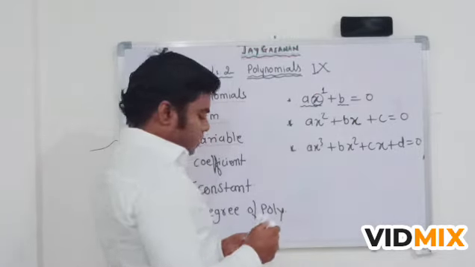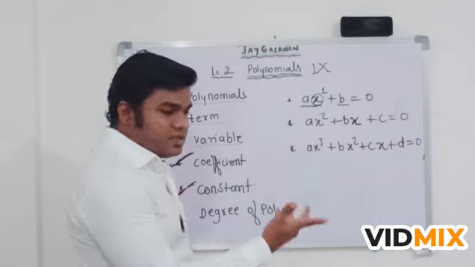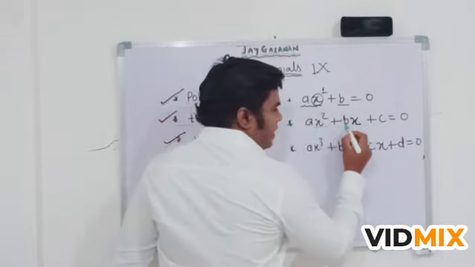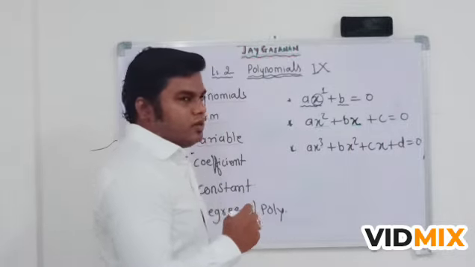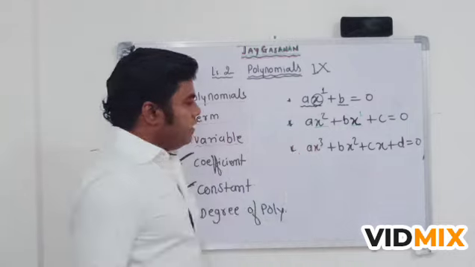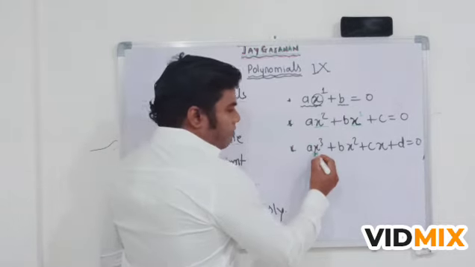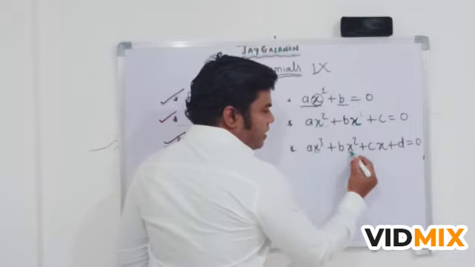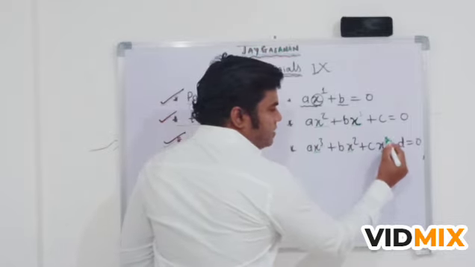Here there is one variable, but one is x square and the other one is only x. So what are the powers? Here 2 is there and here 1 is there. Then in the third equation the power of x cube is 3, here x square is 2, here x is 1.